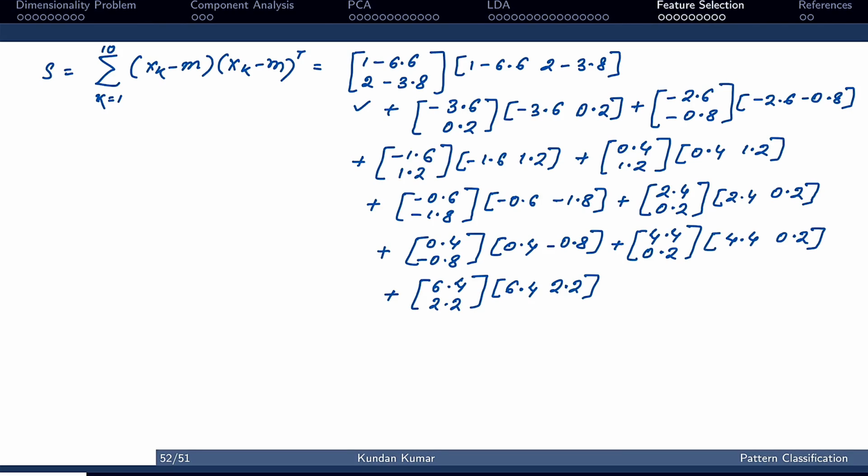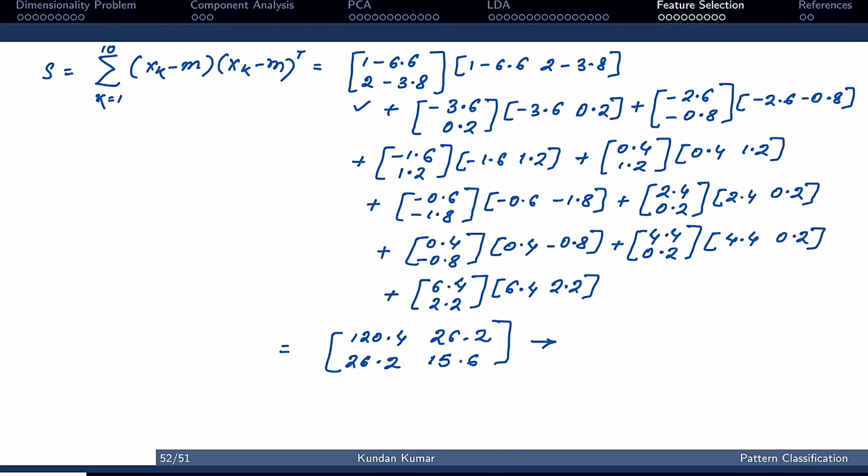So you can solve this term. When you add all the individual terms, we will obtain 120.4, 26.2, 26.2, 6.